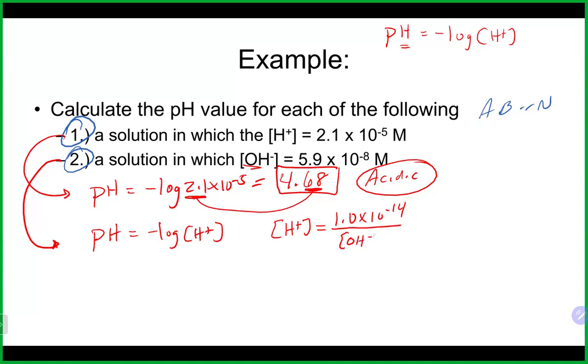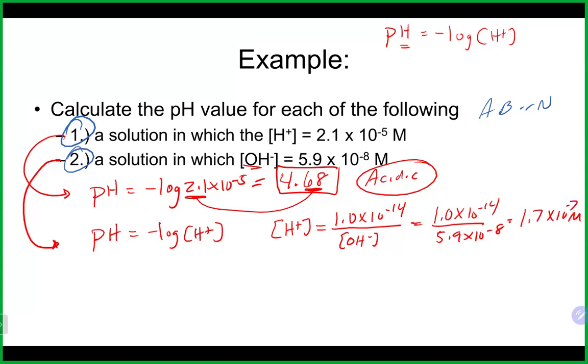And if you do that, that is going to give us the same calculation we did previously. 1 times 10 to the minus 14 divided by 5.9 times 10 to the minus 8. That's going to give us an H plus concentration of too many zeros to count at this hour. Try that. It's going to give us 1.7 times 10 to the minus 7 molar.